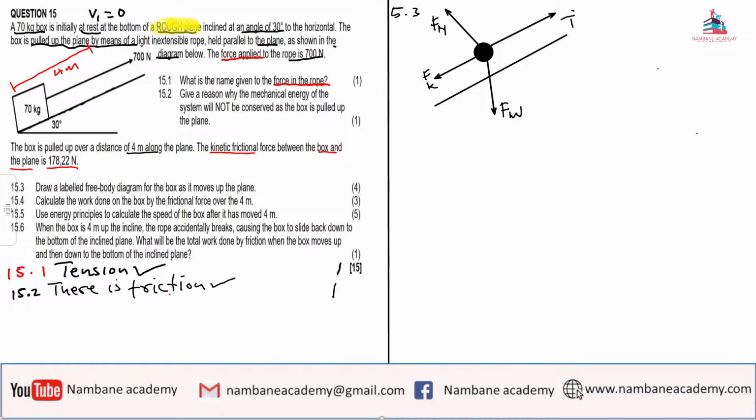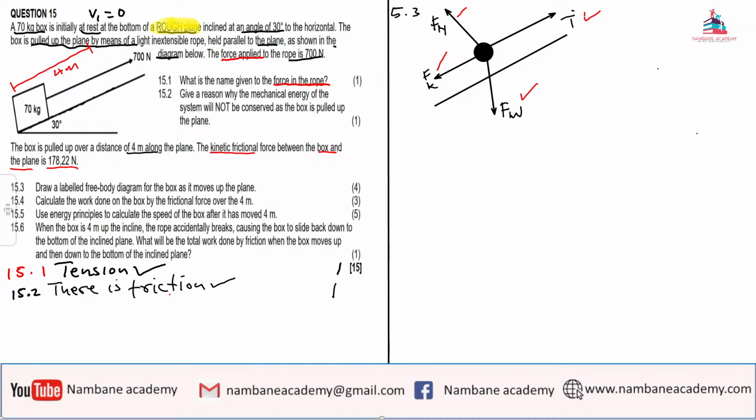Now, there's a catch here, ladies and gentlemen. This is what you will get maximum marks for in the exam. Once the examiner says it is 4 marks, we are expecting 4 vectors. Ne? But there is a catch.